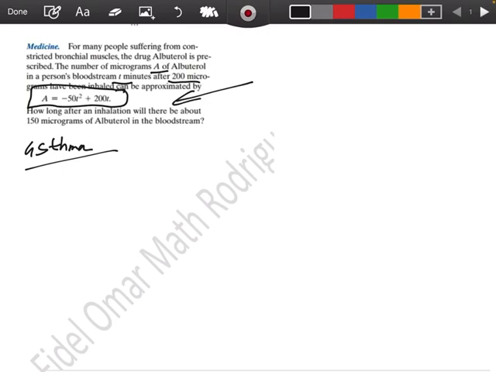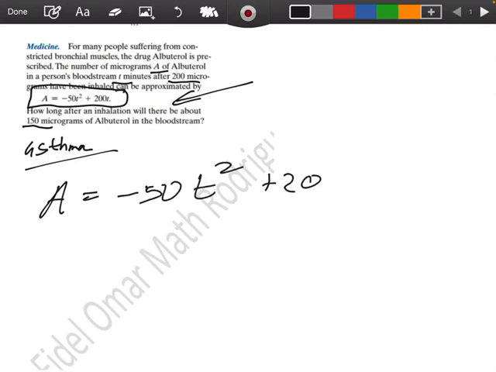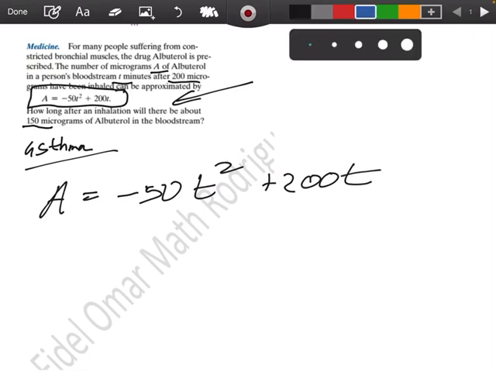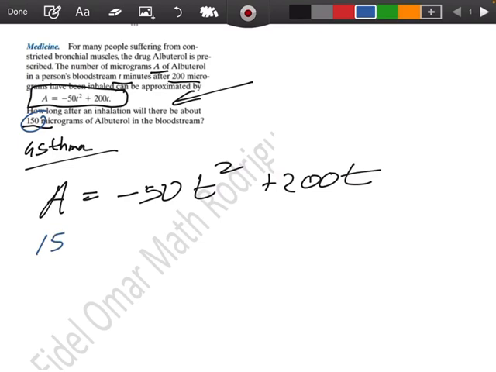We're looking for how long after inhalation there will be about 150. So what we're going to do is write out our function: A equals negative 50t squared plus 200t. And now we're trying to figure out when there is going to be 150. So where the A used to be, we're going to put 150.